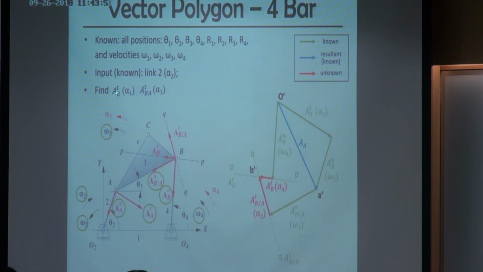So back to this question, we need to find ABT and ABAT. Now you simply connect from this point to this B, and from this point to this B prime. Then we can get this ABAT and ABT.